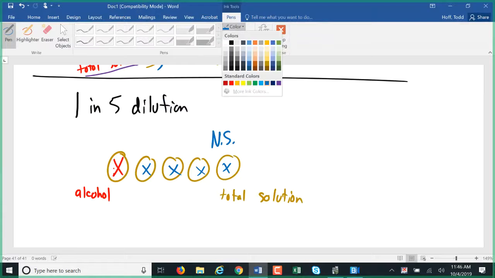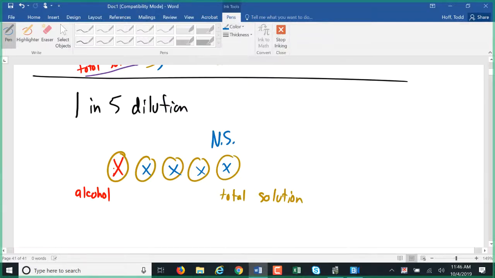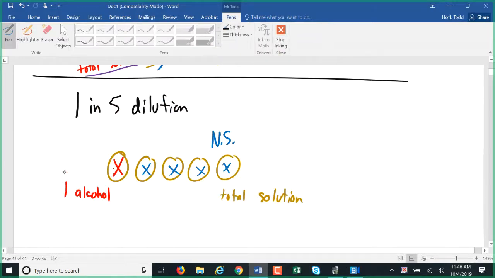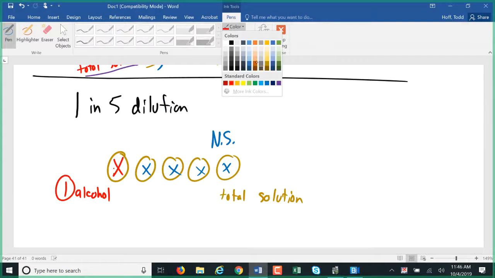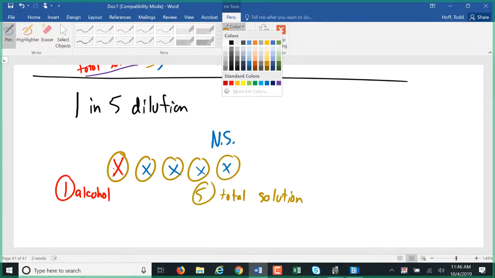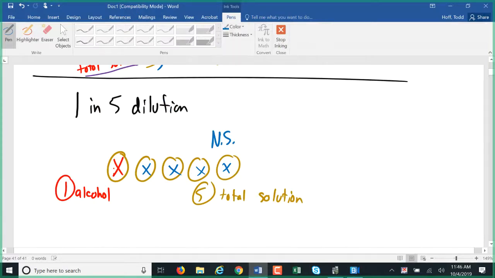So in that ratio, that dilution, 1 in 5, it's implying 1 part alcohol and 5 parts total solution. But implied in there is if 1 out of the 5 parts is alcohol, the other 4 out of those 5 is that normal saline or neutral solution.